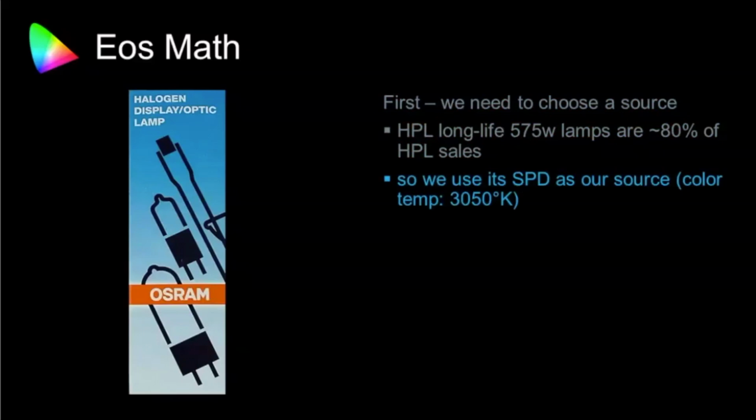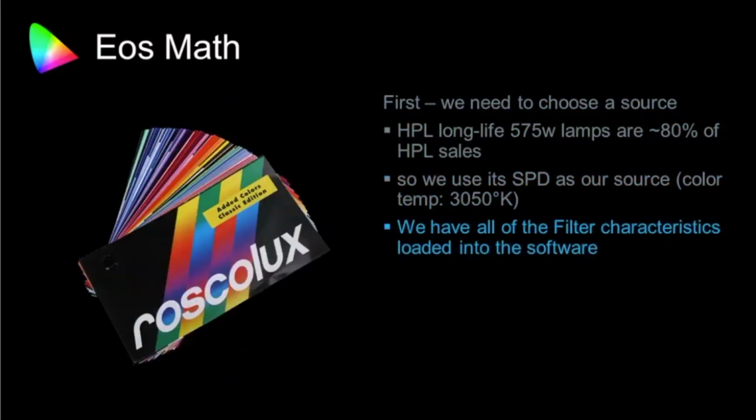So we're using the spectral power distribution of an HPL 575 watt long life lamp as our source to inform our gel picking, right? Now that we have a source, we can also load in all of the filter characteristics. We'll look at the gel picker in a second, but if you've been in there before, you'll notice that we have all of the different manufacturers' libraries, and we have all of those filtering characteristics built in.